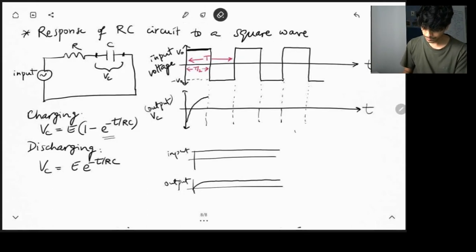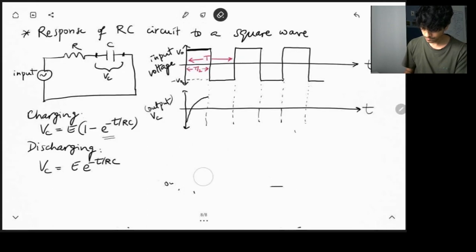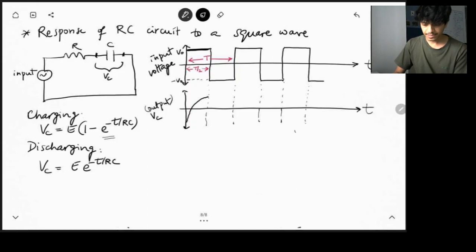But now what has happened is that it comes here, but then the DC voltage stops and then it goes negative. So this means now my capacitor starts to discharge because all of a sudden it doesn't see any potential difference over there. So then it starts to follow this kind of a curve. So it starts to discharge.